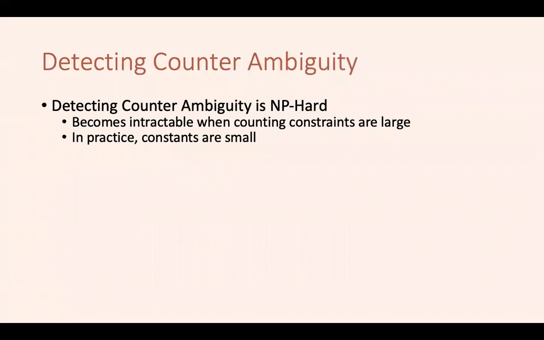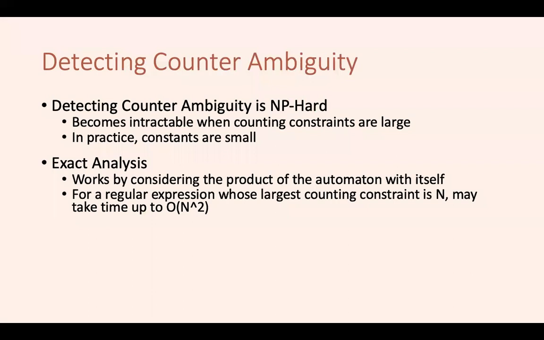So to summarize this section on counter ambiguity, we showed that this is NP hard. However, generally this is fine because these constants are small, it's only a few digits, it's not like hundreds of digits. And we have this exact analysis, which is exponential, and this depends on the values which sit on the edges. And it's quadratic on that value rather than the size of the automaton.